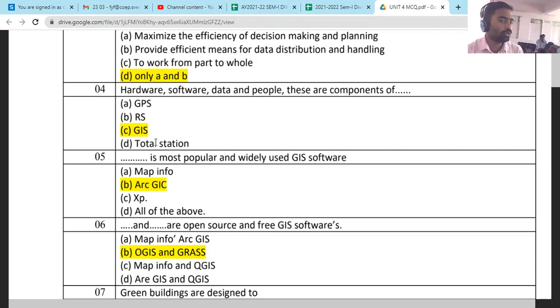This instrument will do all the survey work we carry out on the ground, like plane table surveying, chain surveying, theodolite surveying, tachymetric surveying. All of that work is done by this one total station. This is the advanced instrument we use in our surveying laboratory. The cost of this instrument is 5 lakh rupees. If you study this total station, the entire surveying work will come under this one instrument.